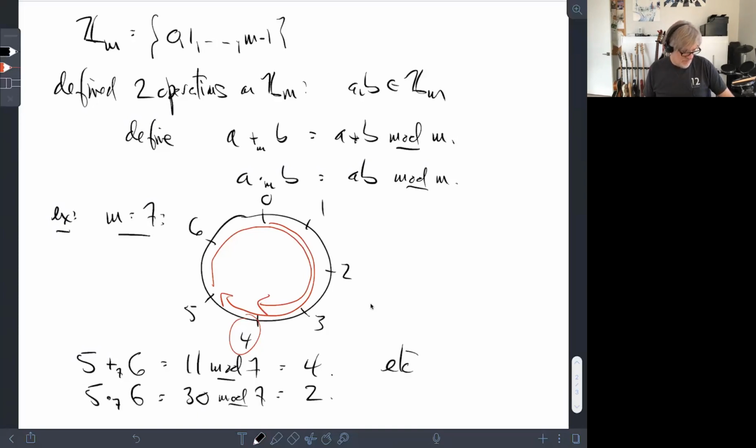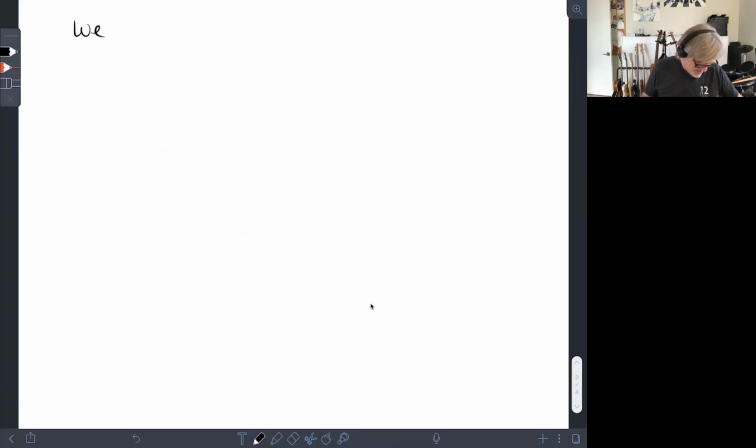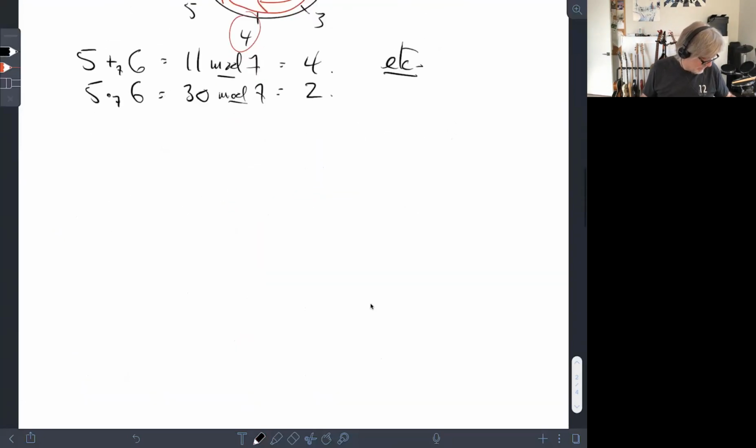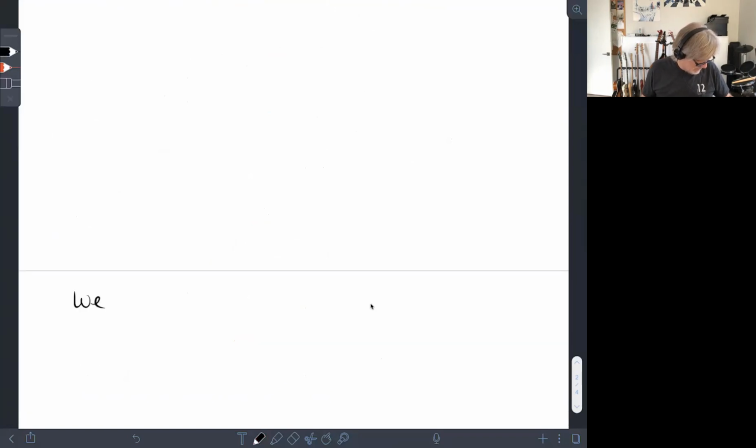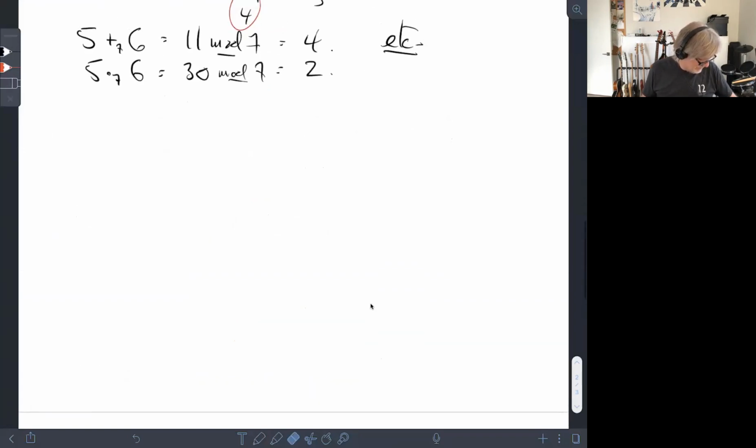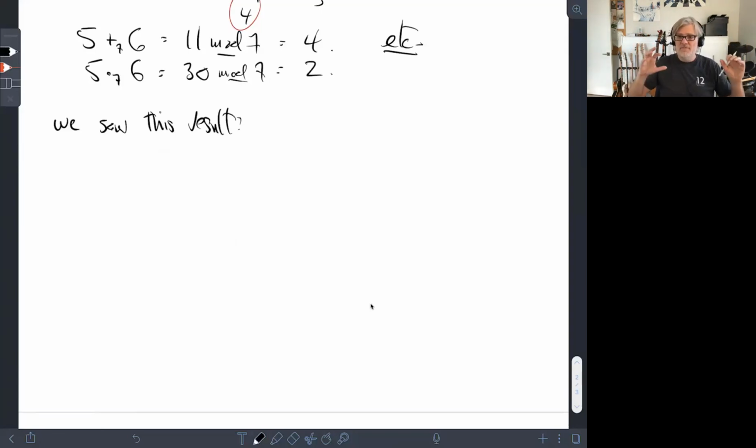Okay, and so on. Now I showed you a lemma which I didn't really explain, and I'm going to try to give you an idea of what it means. So we saw the following result, which said that the sum and product in the integers behaves well with respect to this clock.